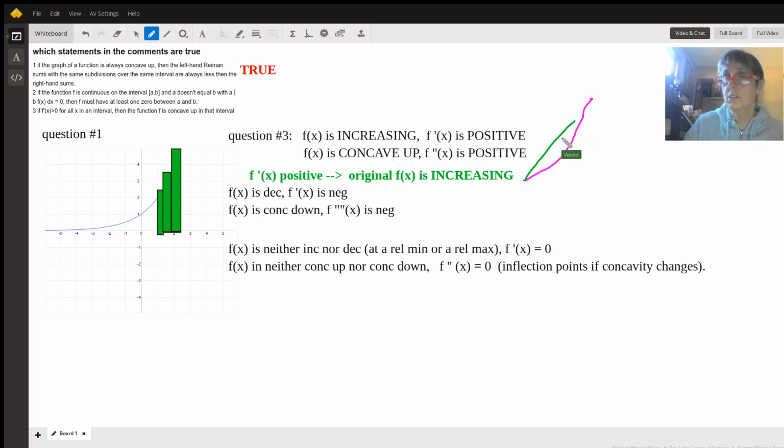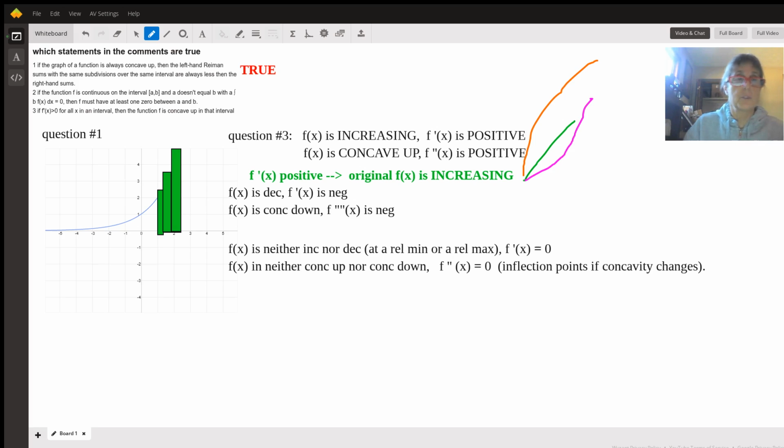It would look like this. But I can also have an increasing function that is concave down. I will draw it in orange, and it would look like this. Do you see that that's increasing but concave down? The other one, the green one, is increasing but concave up.